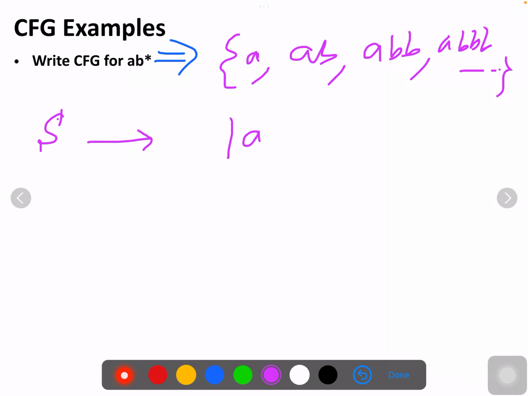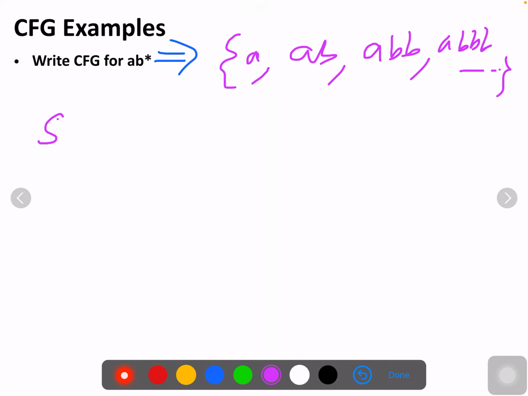One a should be generated, S gives a. Another rule is what? I'll put it like this, aX, you can write, sorry, I'll write it like this.